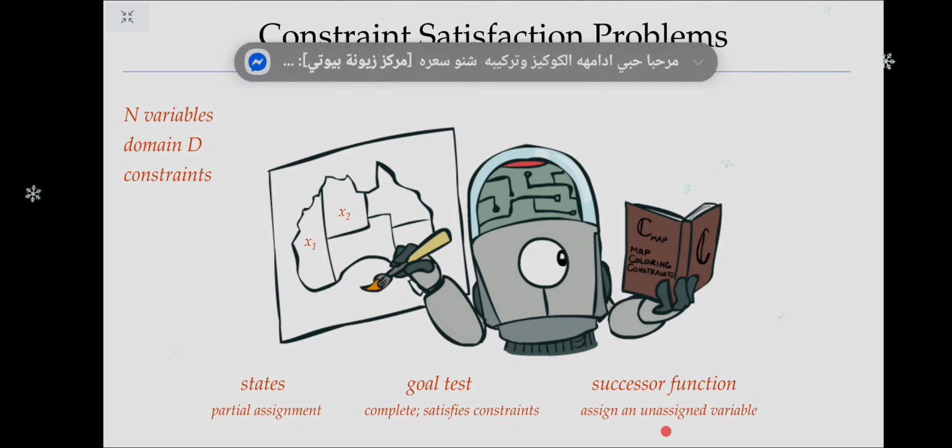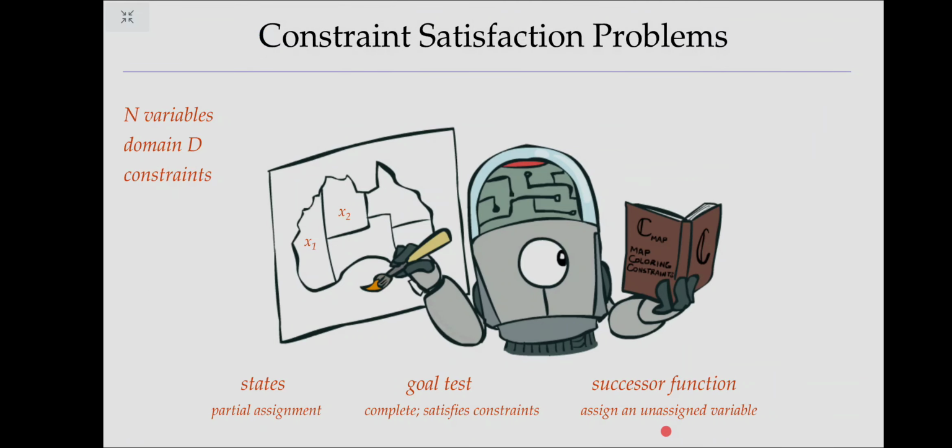Those are some examples of successor functions. When you define these parts, your constraint satisfaction problem is clear, and any algorithm can be used for solving this problem.